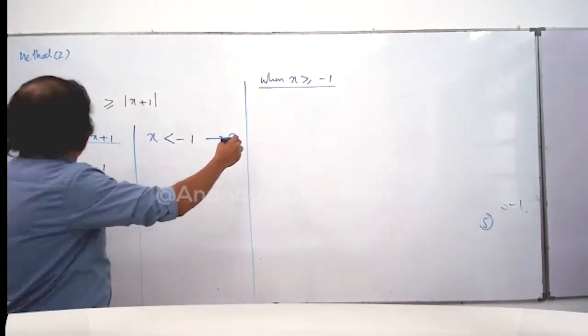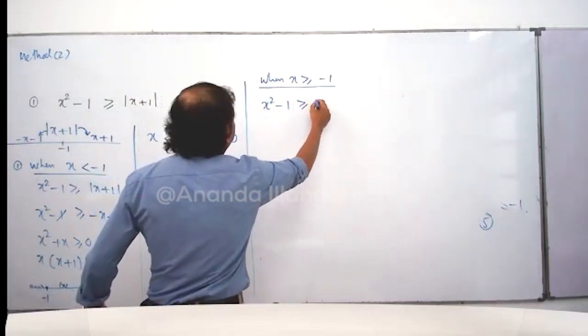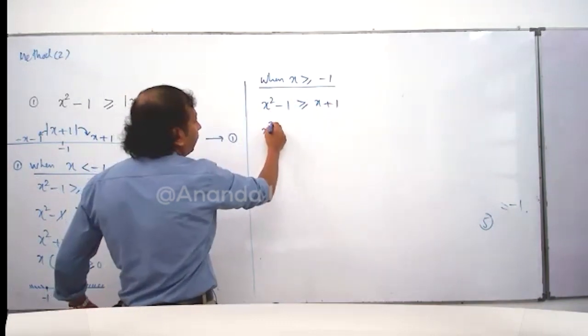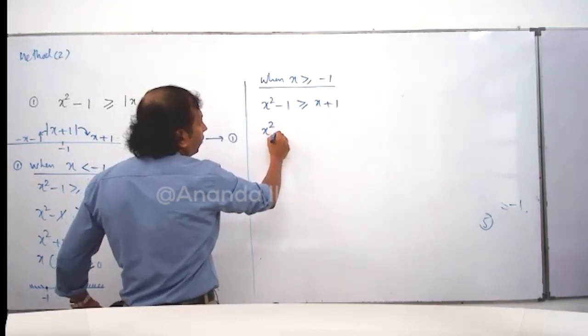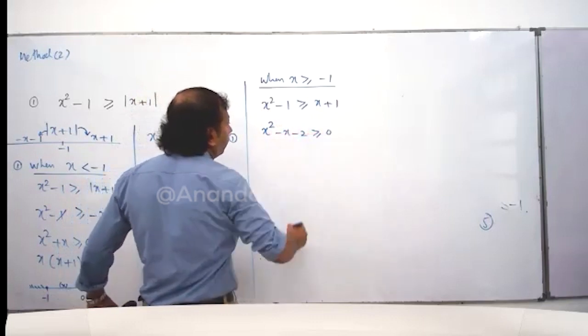In this interval, when I work out the question, x squared minus 1 greater than or equal to x plus 1. I take this side: x squared minus x minus 2 greater than or equal to 0.